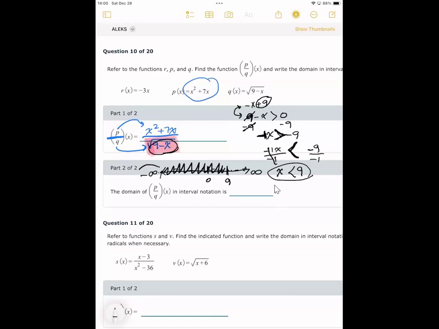When you want to write your interval notation, you put the left-hand side number, comma, the right-hand side number. You have to decide whether to put parentheses or brackets: parentheses for infinity, and in this case, parentheses for 9, because we don't have an equal to. We can't pick 9 because 9 will make the denominator 0. So we put an open circle or parentheses here.